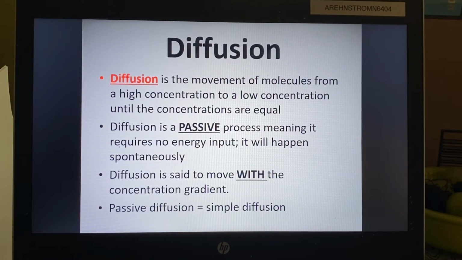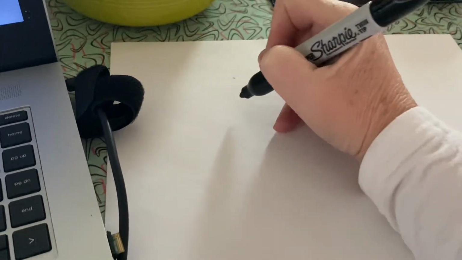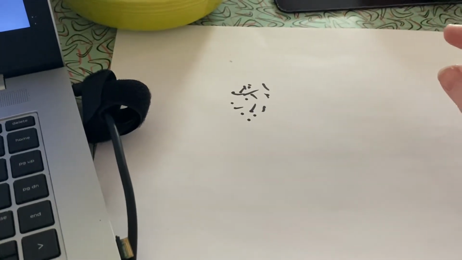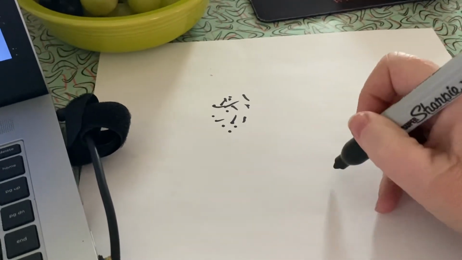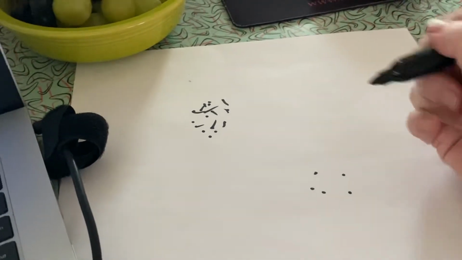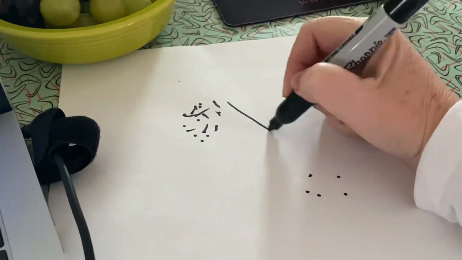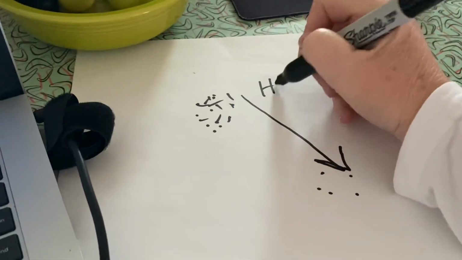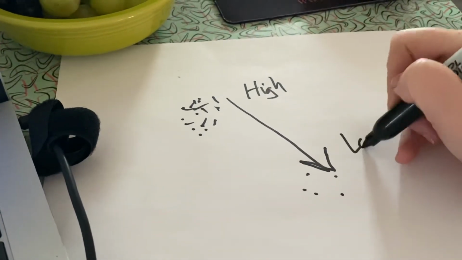The other thing is that diffusion is said to move with a concentration gradient. I'm going to try to do some notes over here. Oh, here's my snack. So if you have a whole bunch of molecules here, my corgis are fighting. Hey, pipe down. And you have just a few molecules here, diffusion is going to go from high to low.